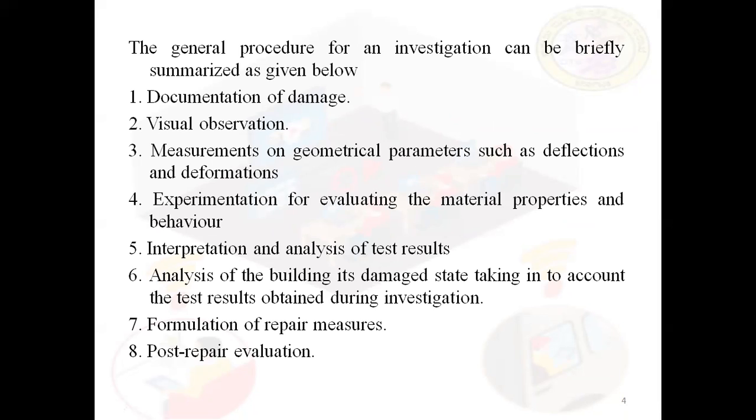For example, for a particular type of damage, we have to enter the type of damage, the type of structure we are assessing, the date, the engineering date, and which firm is doing the assessment. All this comes under the documentation of damage. Next we have to do the visual observations, which we can discuss later.